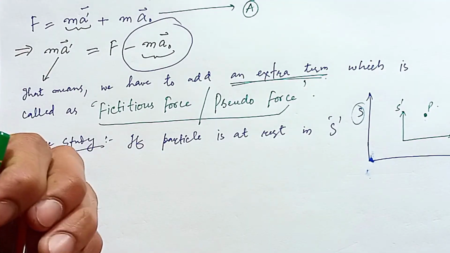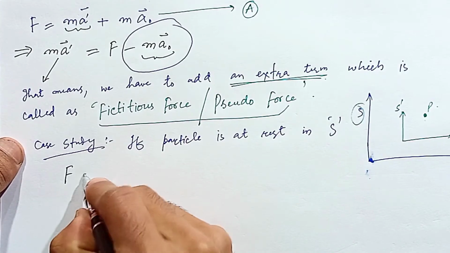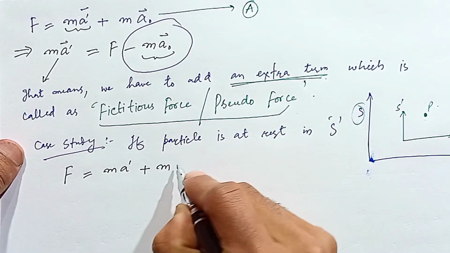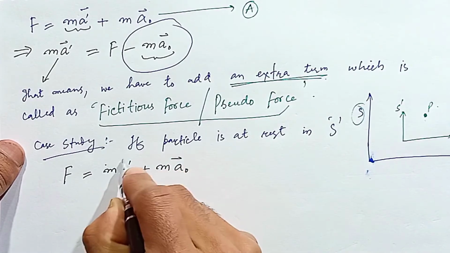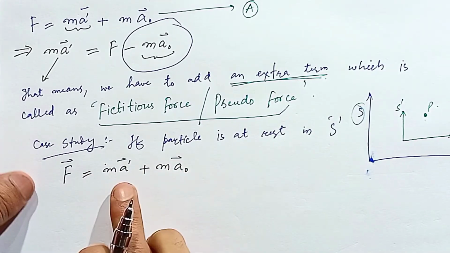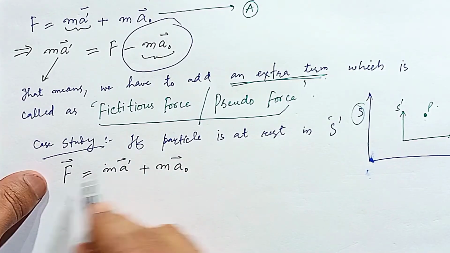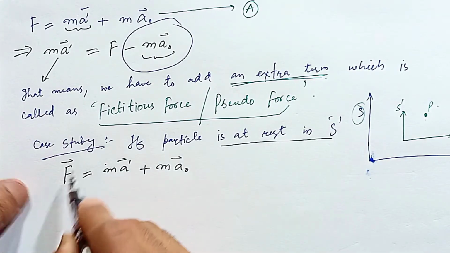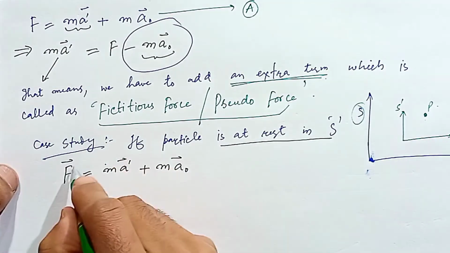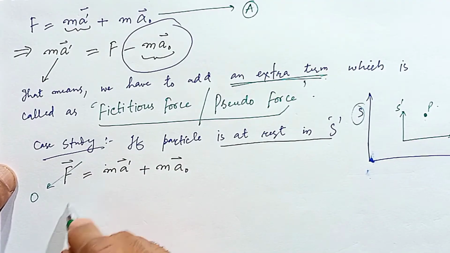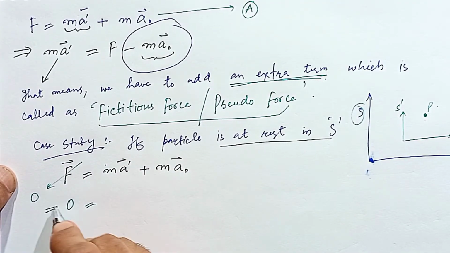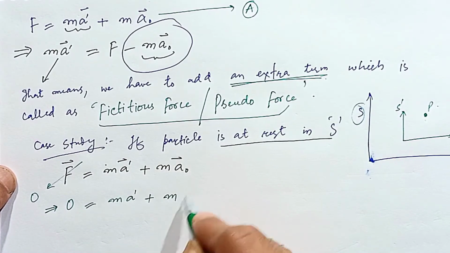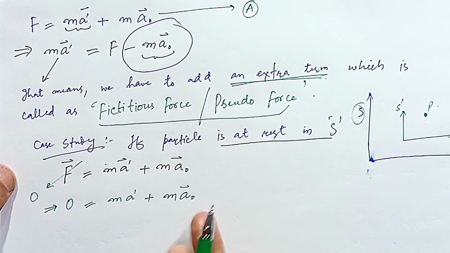Applying this equation, we know F is equal to m times A prime plus m times A naught. These are all vectors. We know the particle is at rest with respect to the frame of reference S, which means the force is 0. That is 0 equals mass times A prime plus mass times A naught.